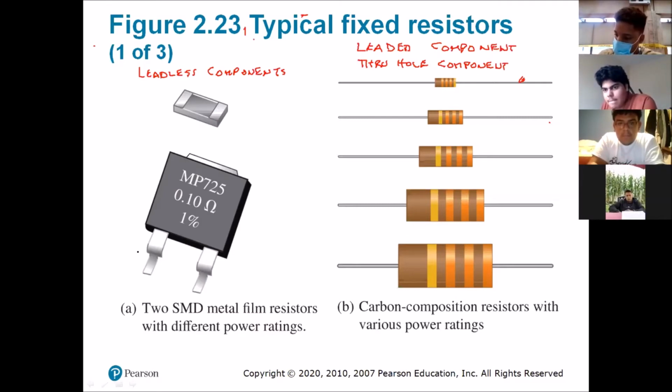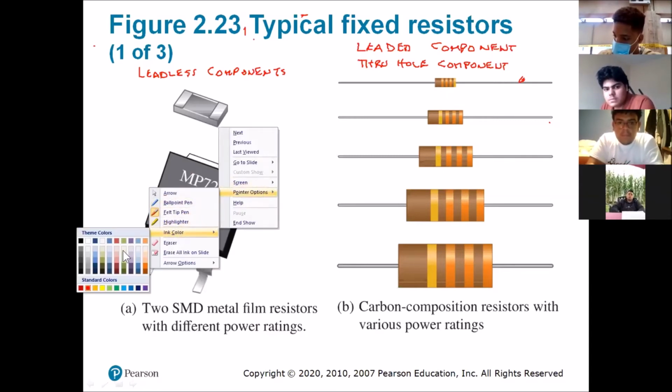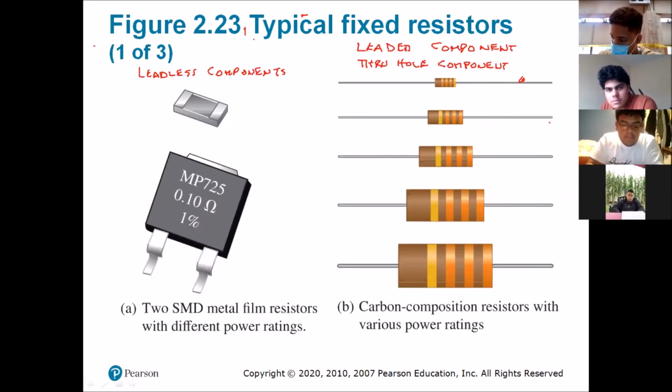A through-hole component, the way this works is, let me just get a different color. So envision, here's a printed circuit board.